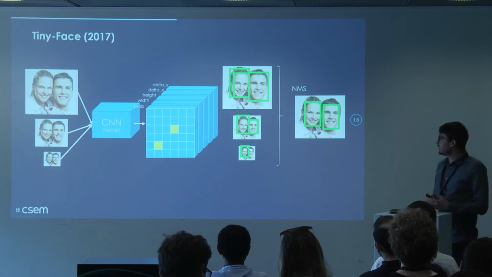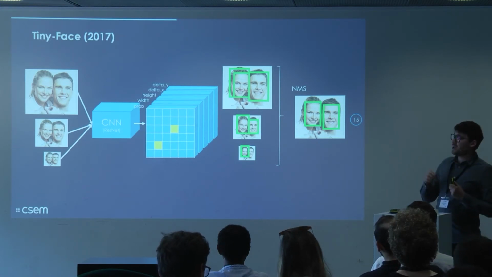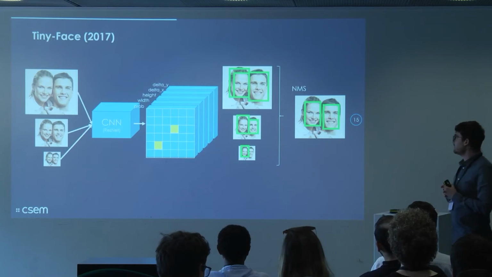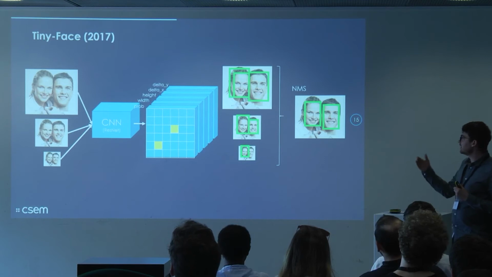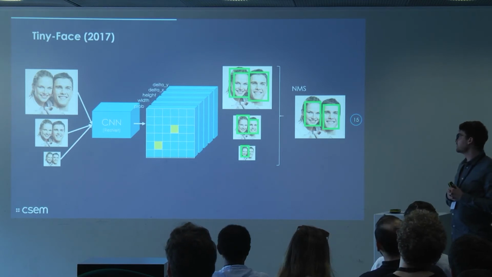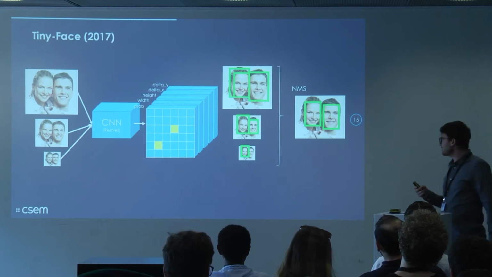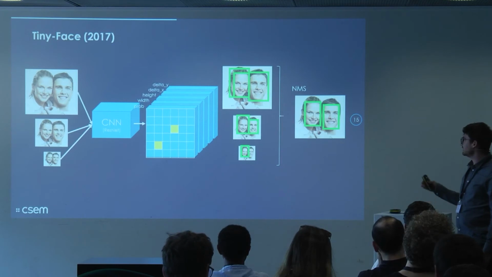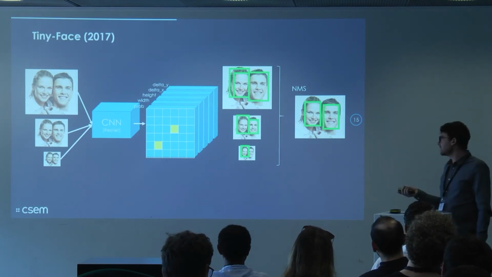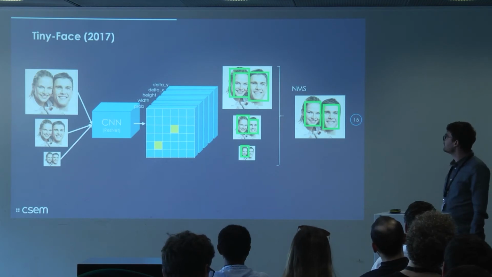This work uses three resolutions of the same image that pass through a CNN, in this case a ResNet, and output a feature map to detect the face. It outputs this map at each resolution and predicts the bounding box associated with the heat map. Then we use a non-maximal suppression algorithm to find the final prediction.